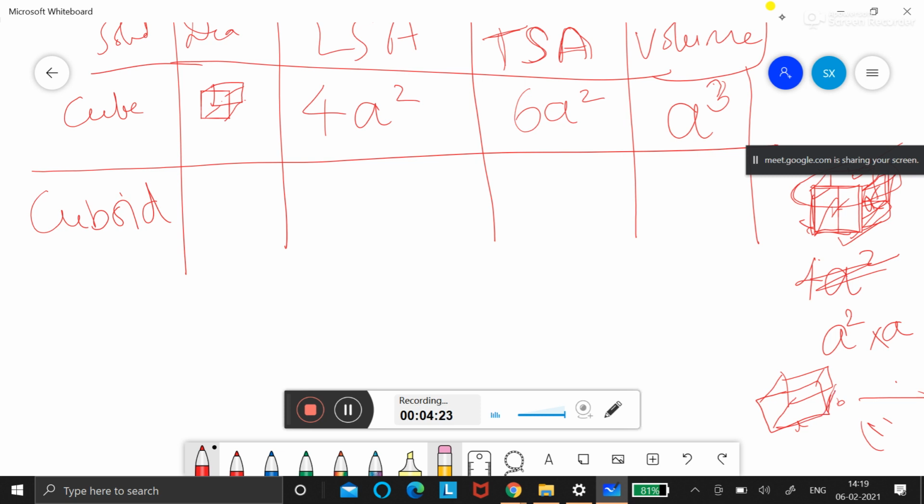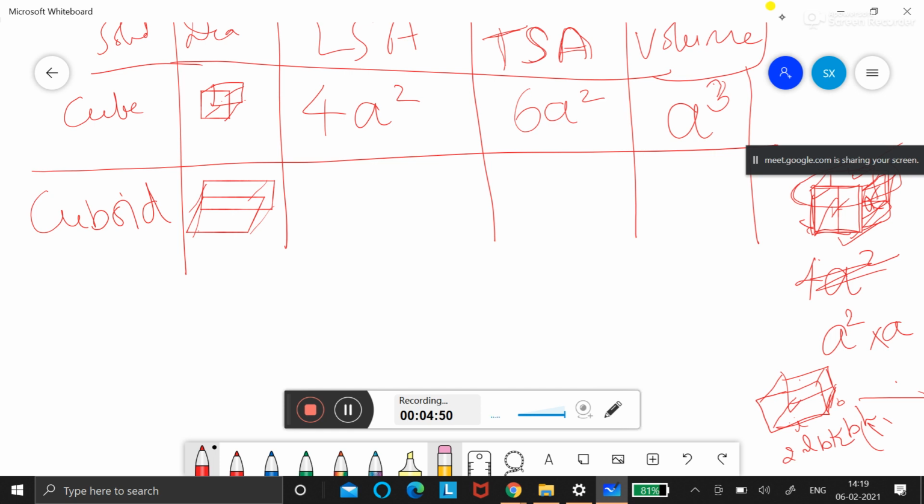Now lateral surface area. You need to draw the cuboid here and think about the lateral surface area. The length into breadth comes 2 times, 2 times L into B, this length and the backside length. And here this is breadth into height, 2 times B into H is coming. That is only the lateral surface area: 2LB plus 2BH.